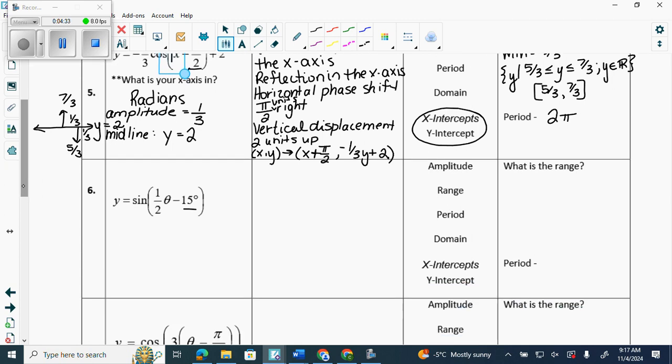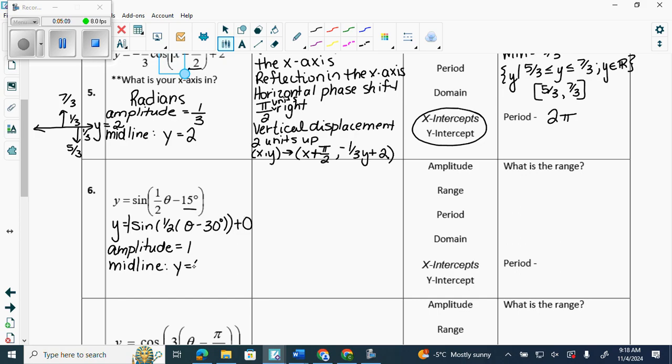Okay, this one I have to actually take that half out. So I get y equals sine of 1/2 theta minus 30 degrees. Do I have anything affecting y's here? No. What is my amplitude? 1, because there's a 1 sitting here, correct? What's my midline? Y equals what? 0, right?